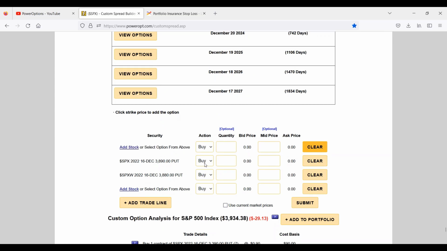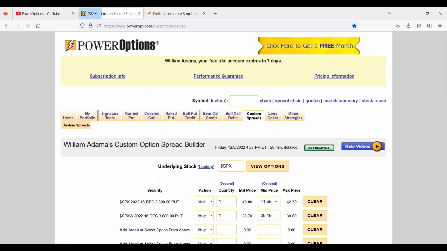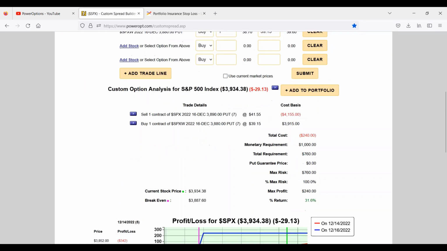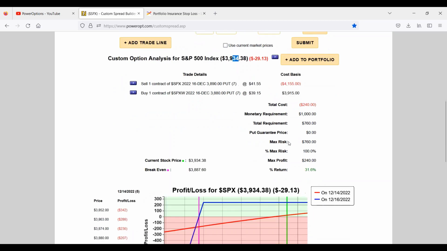So initially, once more with feeling, what he had intended to do was this position, a 31.6% return roughly, but SPX was a little bit higher when he entered the trade today, when he had emailed me. In any case, we're looking at about a 31.6% return, 38.90, about 40 points out of the money for SPX.